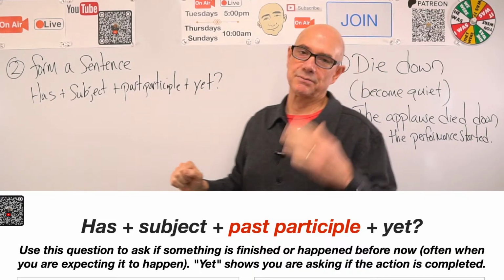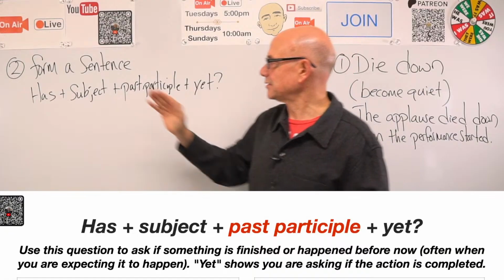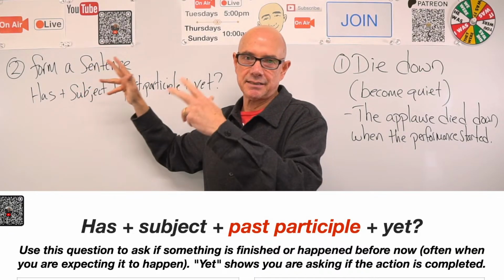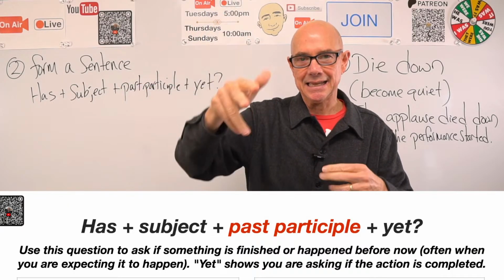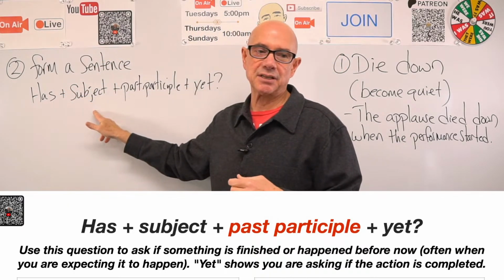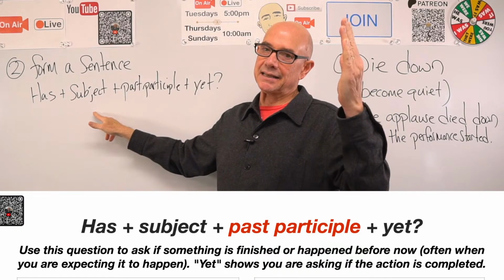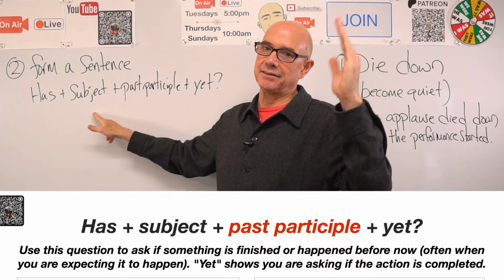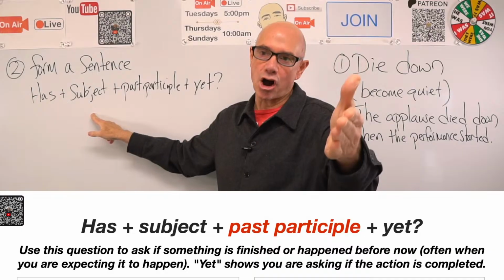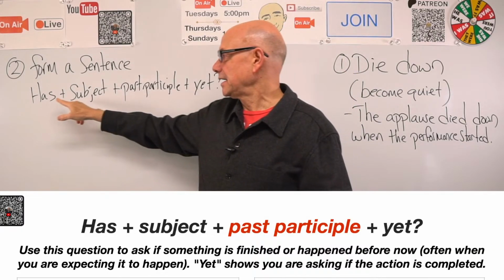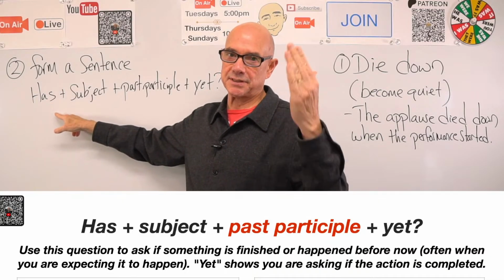Or the example says, has she walked the dog yet? So we're using has, and then the subject has to be he, she, or it. Or instead of saying it, you can say the dog. Has the cat... Has the car been washed yet? And then has he, has she. Or we could say the person's name.